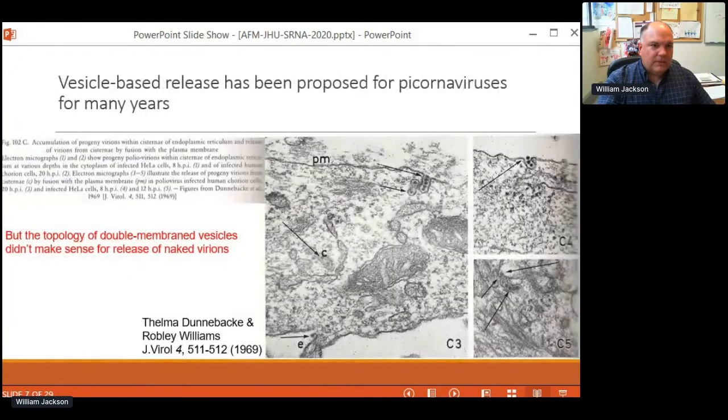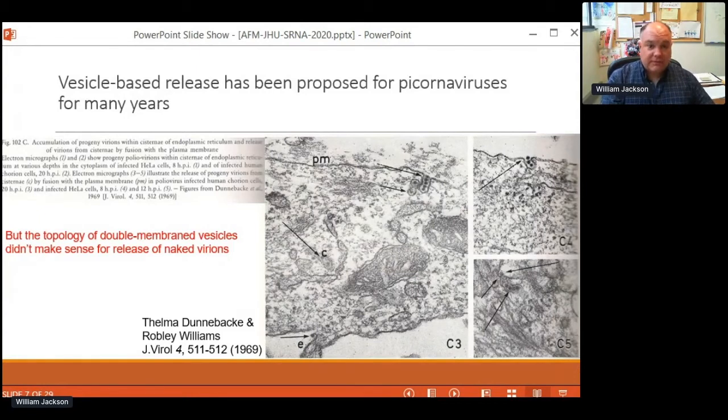Now, it's not a new concept that maybe vesicles could be involved in Picornavirus, and especially in Picornavirus exit. These images taken by Robley Williams' lab in 1969 really strongly suggested that there were vesicles fusing with the plasma membrane to release virions.